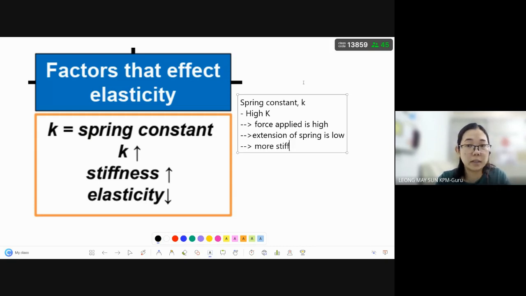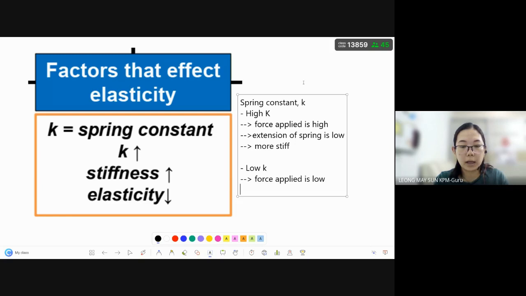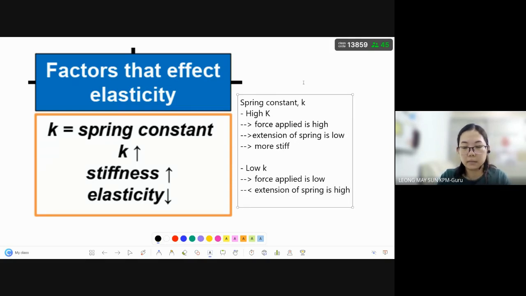The material is actually more stiff. If the spring constant is low, it means that the force applied is low, the extension of spring is high, and hence it is less stiff.